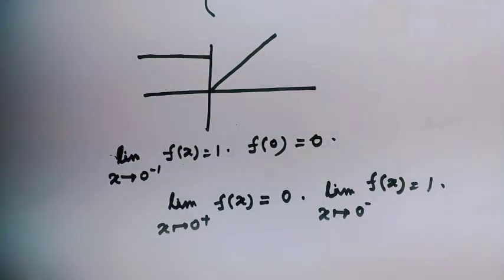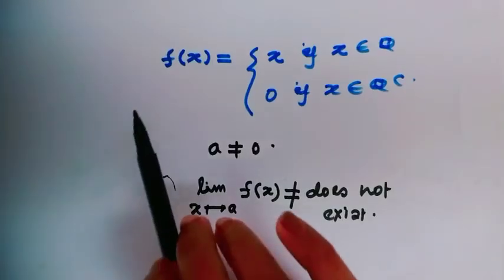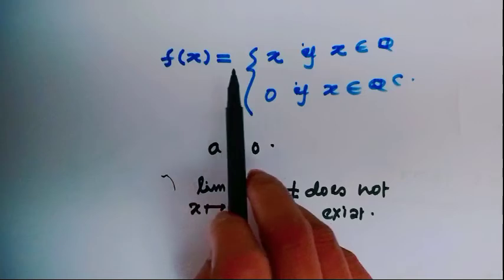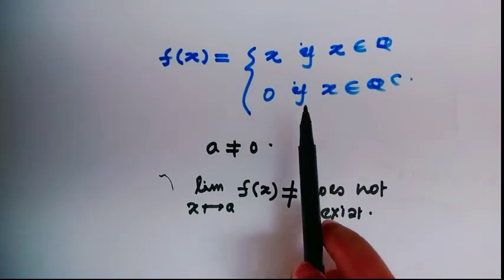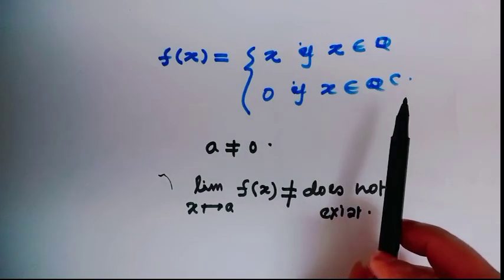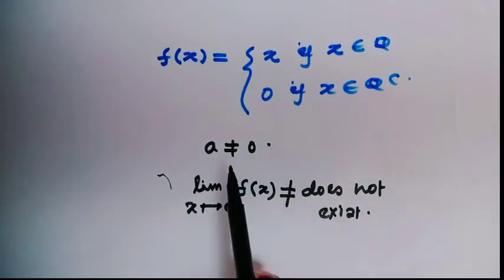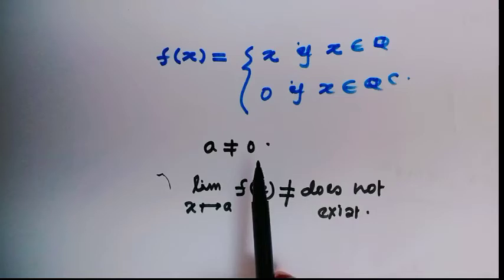And this function is continuous at other points. Now let's see one function which is continuous at only one point. Okay? Let's see the function. f(x) equals x when x belongs to the rationals and f(x) equals 0 when x belongs to the irrationals. Let's consider a not equal to 0.